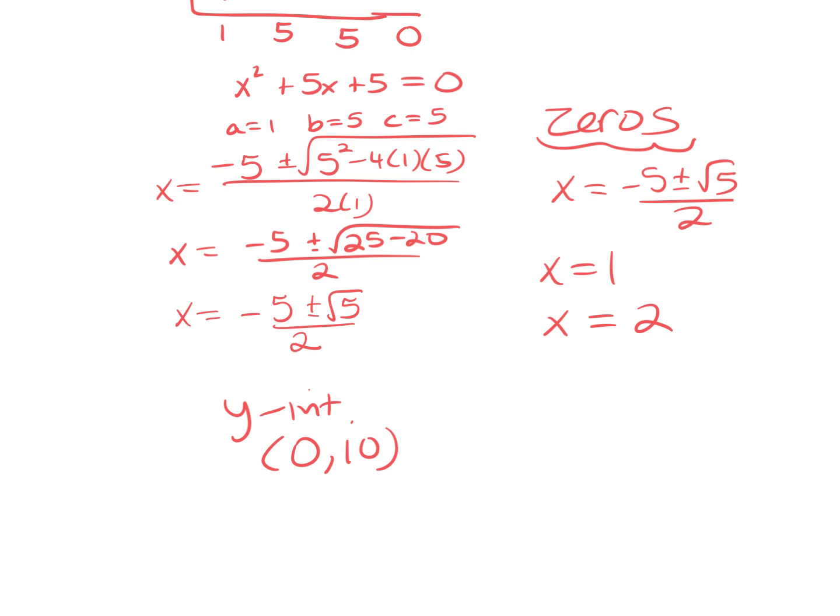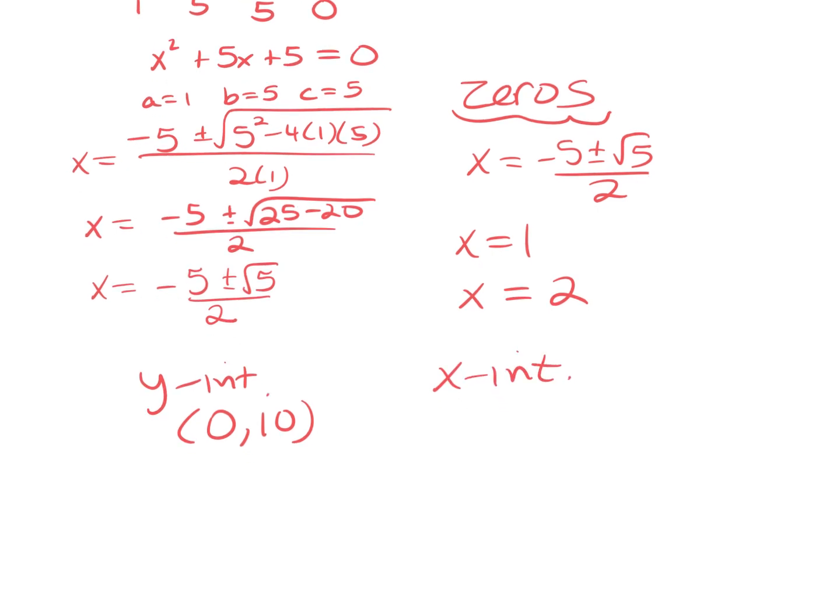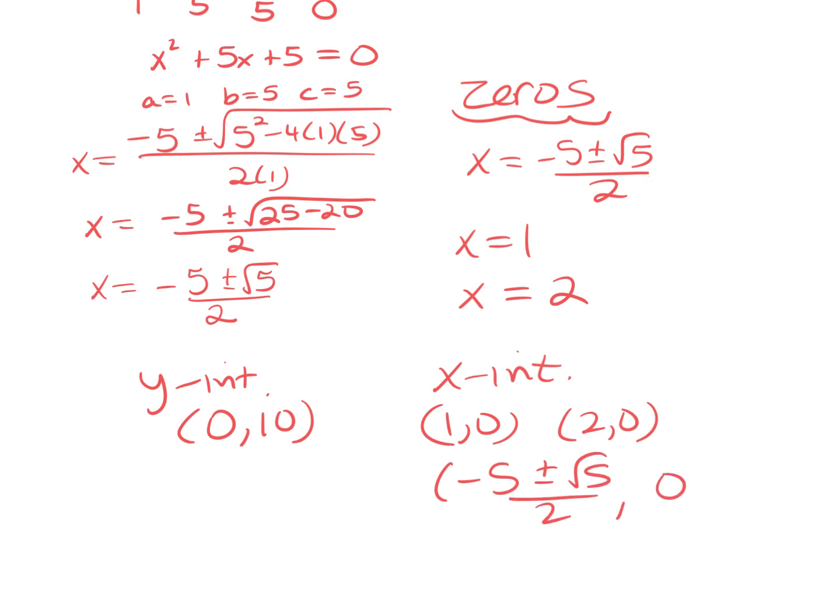My x-intercepts are all the zeros that I just listed, but you have to list them as ordered pairs. So it's going to be 1, 0, 2, 0, and then negative 5 plus or minus root 5 over 2, 0. If you want to leave it like this, you can, or pull it apart.